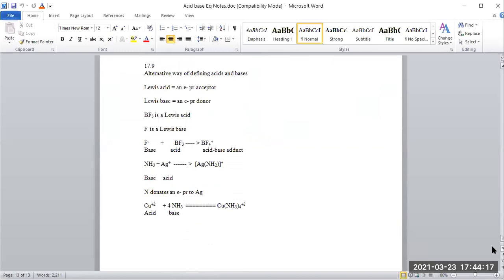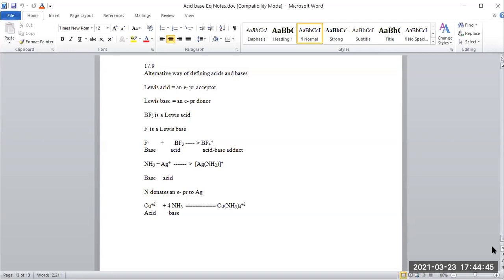This third version is known as the Lewis acids and bases. This time around, we are not trading hydrogens or naked protons. We are trading electron pairs. So this makes it an awful lot more like the ligand concept.